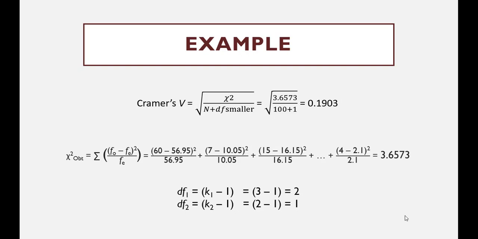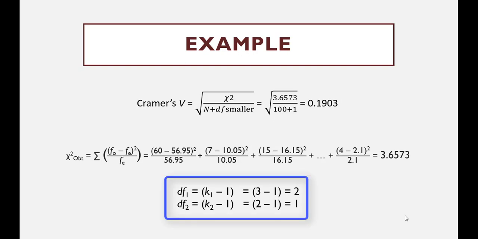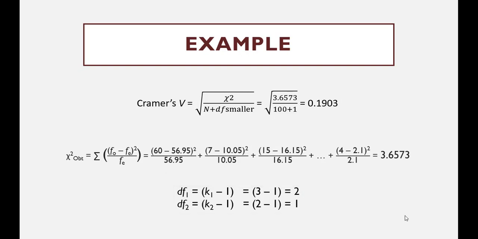One way to deal with the impact that sample size has on chi-square is effect sizes, and Cramer's V is the effect size that's normally reported with chi-square. The formula for Cramer's V is the chi-square divided by n times the degrees of freedom smaller. By degrees of freedom smaller, we literally mean, between our two grouping variables, where we have k minus 1 for the first one and k minus 1 for the second one, which of those values is smaller?